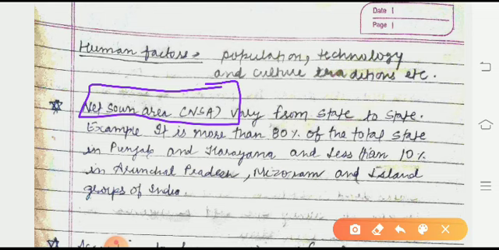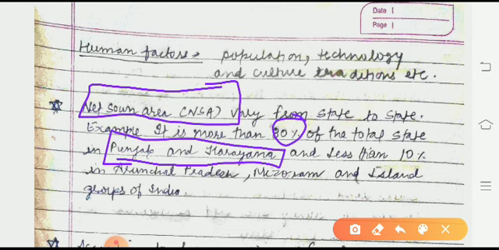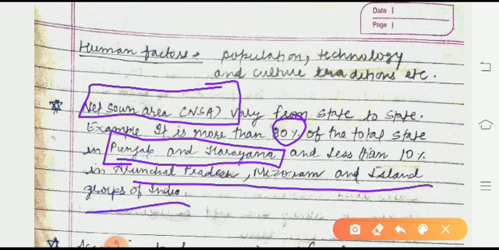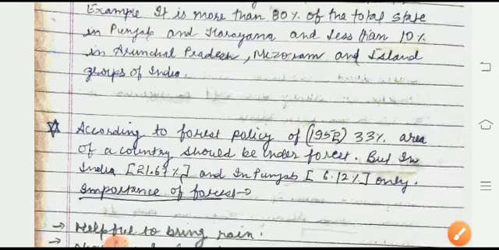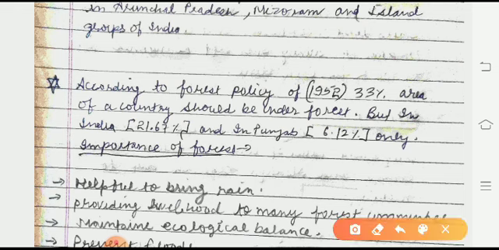That means how much area one state uses for agriculture purposes is very different from another state. For example, in Punjab and Haryana the area under cultivation is about 80%, but in Arunachal Pradesh, Mizoram and island groups like Andaman, Nicobar and Lakshadweep, this is just 10%.